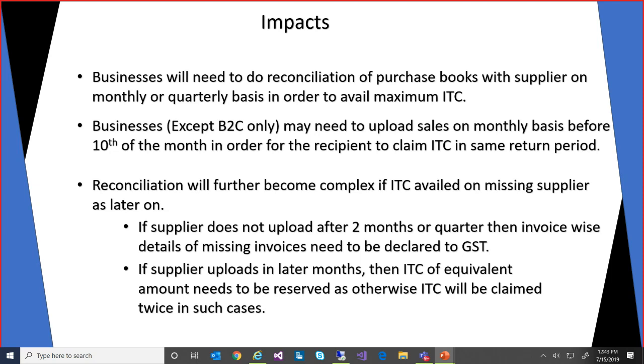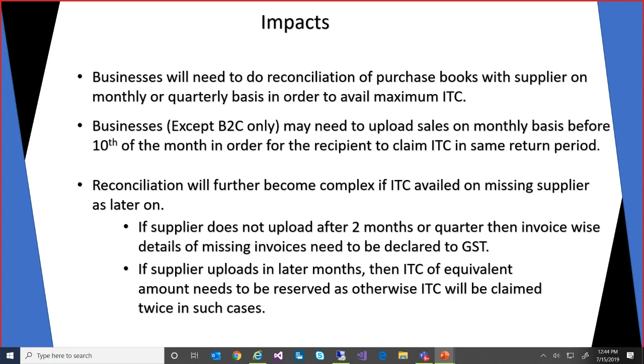Second thing, if invoices are reported late, if you report your April invoices in the month of September, then your liability for April will also arise there. And your buyer cannot claim the input credit.